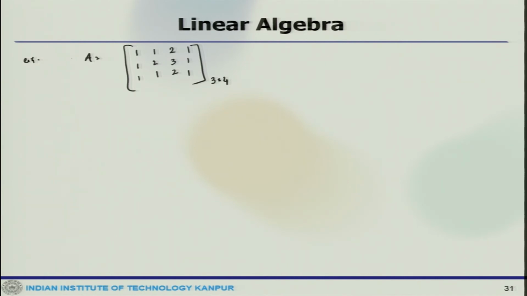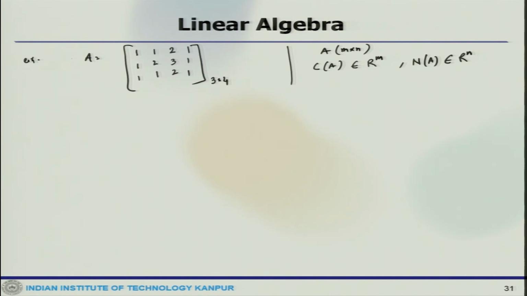Now, here, for any linear system of m by n, the column space belongs to R to the power m, okay, and the null space would belong to R to the power n.